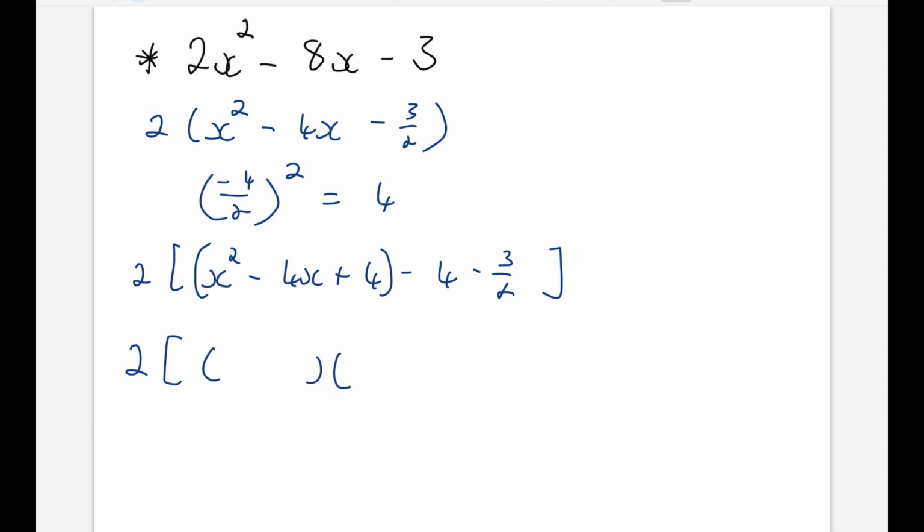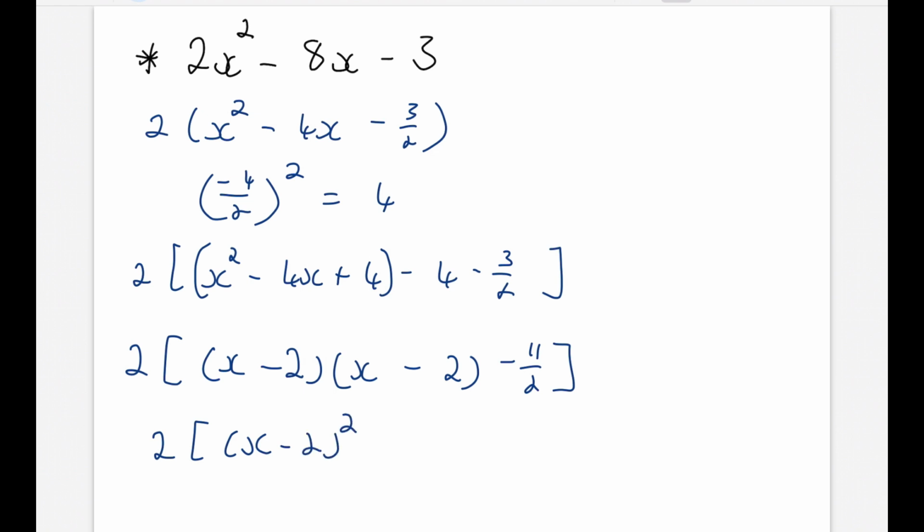I can now factorize this. I'll put x, 2, 2, minus and minus. Now, according to my calculator, negative 4 minus 3 over 2 is negative 11 over 2. And this then leaves me with 2 into x minus 2 squared minus 11 over 2.